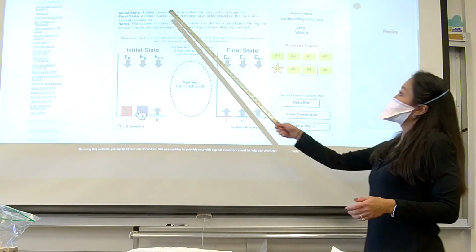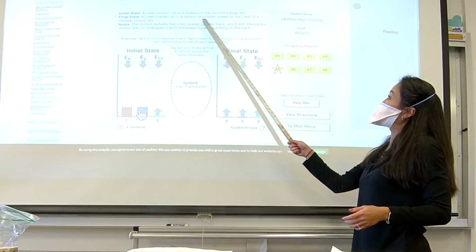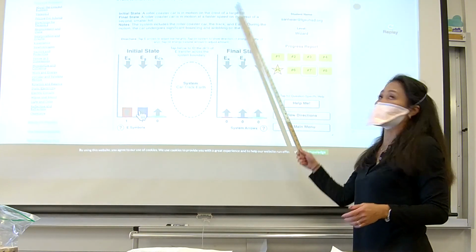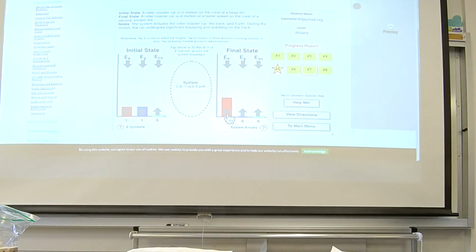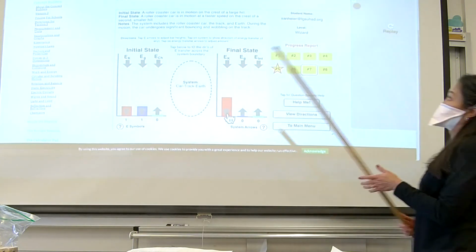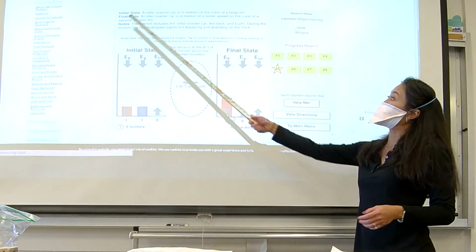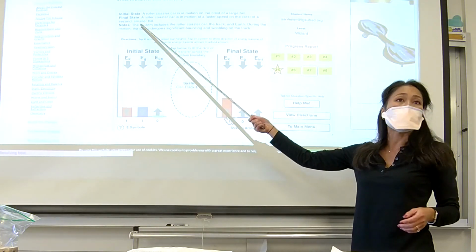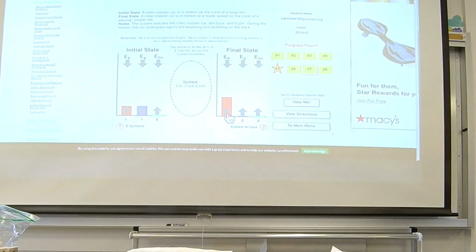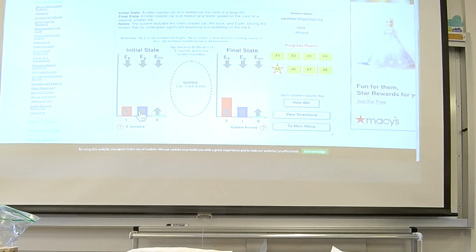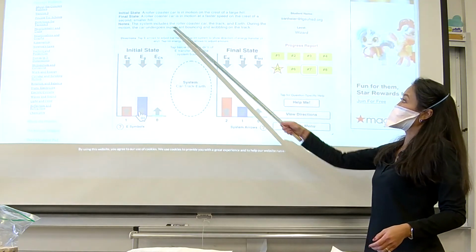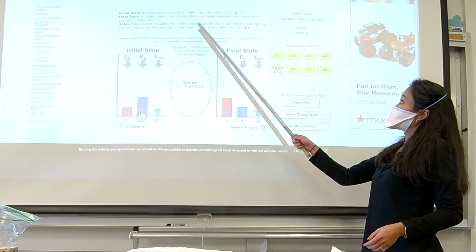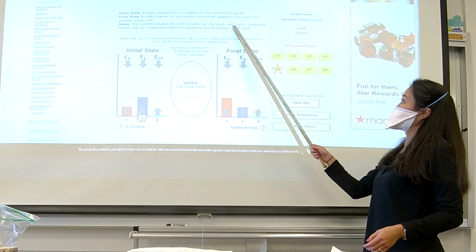The roller coaster car is in motion at a faster speed. Faster speed means I have more kinetic than I started off with on the crest of a second smaller hill. So it's on a hill. It's a smaller hill, which means this one has to be bigger. The system includes the roller coaster, the track, and the earth.